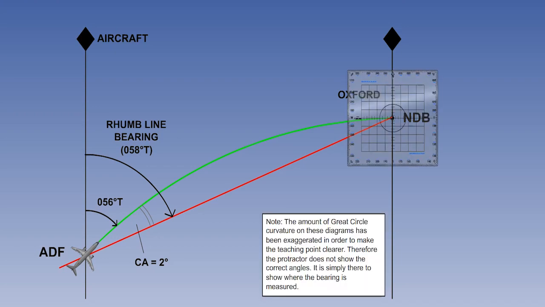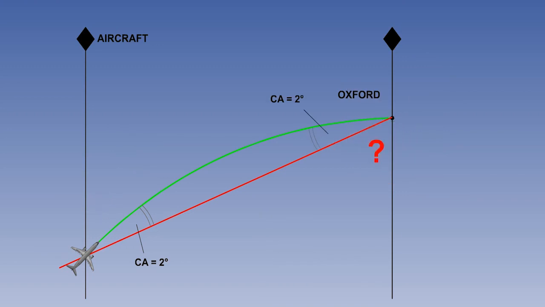But again, we're going to put our protractor over Oxford NDB on the chart and plot the rhumb line bearing from the NDB to the aircraft. Add 180 to 058 to get a bearing to plot of 238 degrees. It is essential to apply conversion angle at the end at which the bearing is measured.